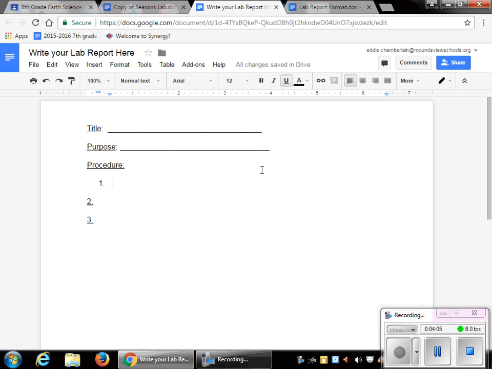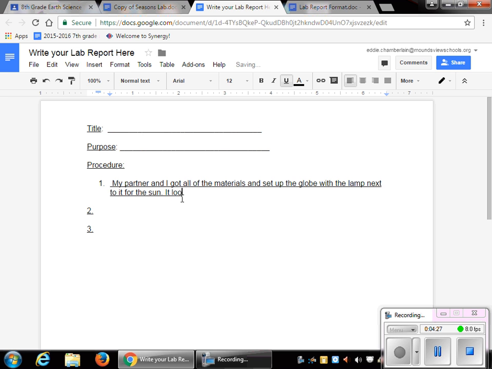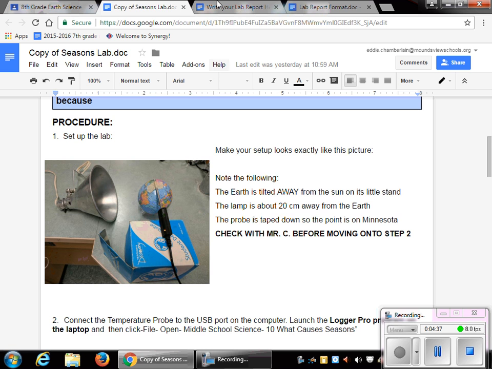So maybe you might say that the first step of your procedure was my partner and I got all of the materials and set up the globe with the lamp next to it for the sun. You might say it looked like the picture in the diagram, meaning it looked like this.